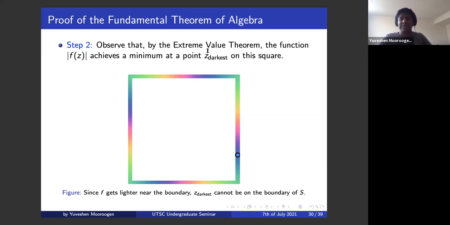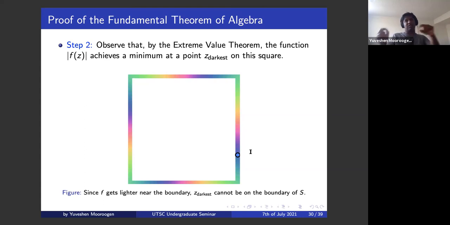And that minimum, I'm going to call it z darkest, which makes sense, right? Because smaller points are closer to the origin, so they're darker in color. So I might as well call it the darkest point. But where should I draw this darkest point? I can't actually draw it near the boundary, which is what I did here, because f is getting lighter near the boundary, which means that if I choose my square to be large enough, I have a darker point just inside where my boundary is.